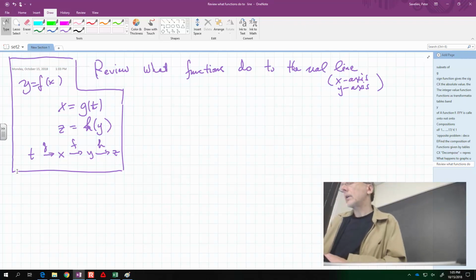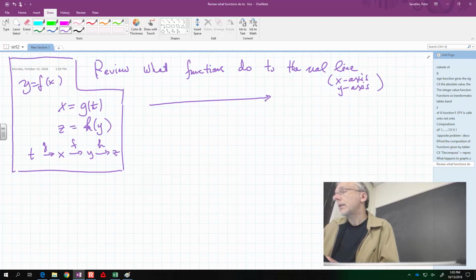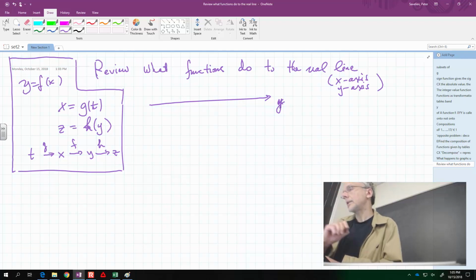But I just want to have it here so we know why we're doing it. The review of what a function does to a real line, which may be the x or y axis. Well, let's say it is the x axis. No, let's take the y axis. So 3y is a stretch. z equal to y plus 3 is a shift.